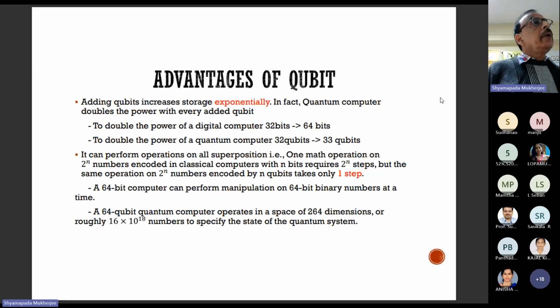For example, the new drug discovery problem. In biological systems, new drugs are coming out, so how to develop them is one such problem. The second one is the financial problem, financial market ups and downs. You know that all these are based on an equation called the Black-Scholes equation.